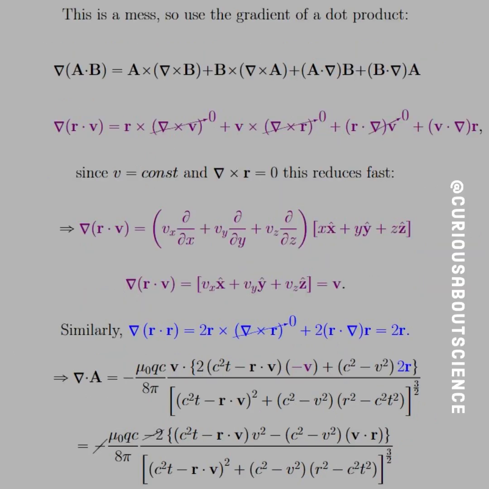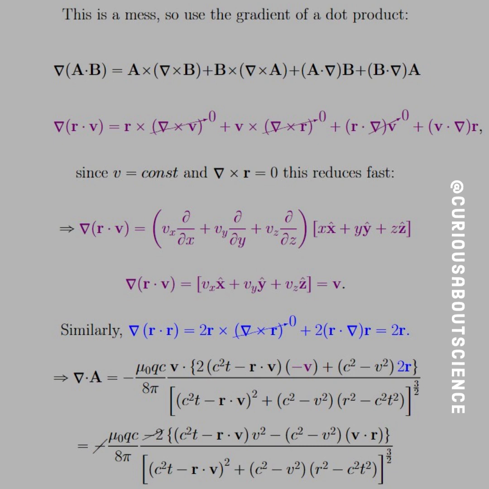Okay, however, this is a mess, so we're going to use the gradient of a dot product, which is given as this nasty expression. No wonder we like to skip this step in our calculations, but we know here that when we apply the purple to it, we get a lot of cancellations, because the gradient cross v goes to 0, gradient cross r goes to 0.